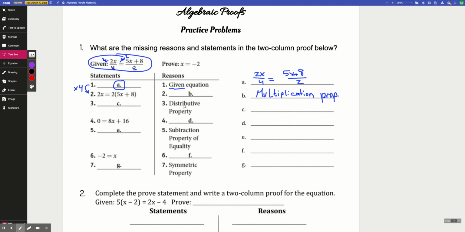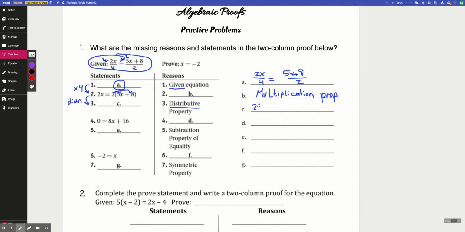So the statement is missing, but I know that the reason is the distributive property, meaning I arrived at step 3 using the distributive property. So that's what I'm going to do to my equation. Okay, so I'm going to take my 2 here and I'm going to distribute it across all of the terms in my parentheses.